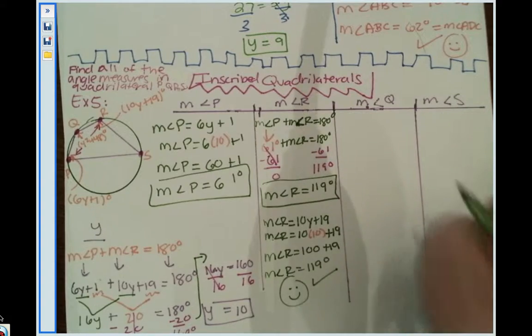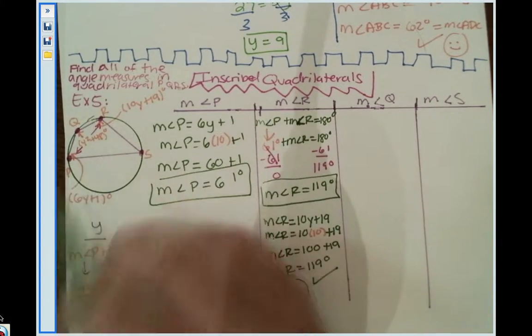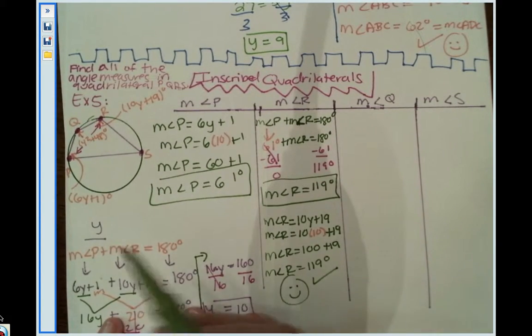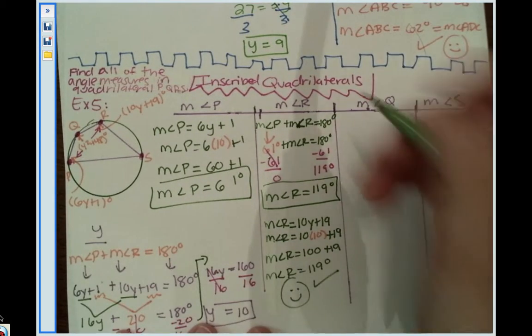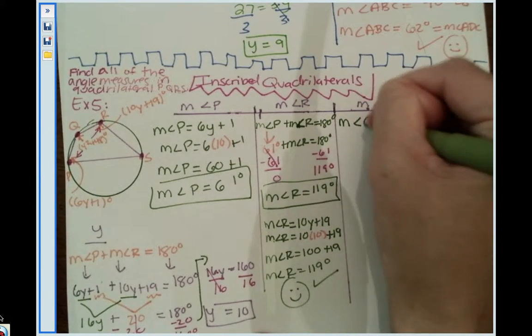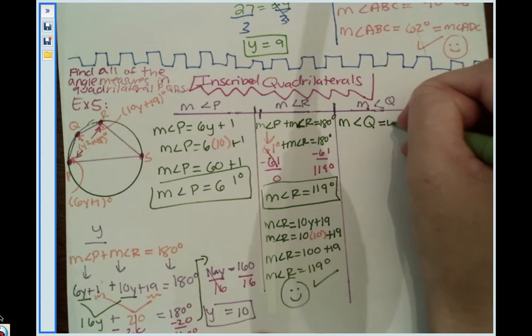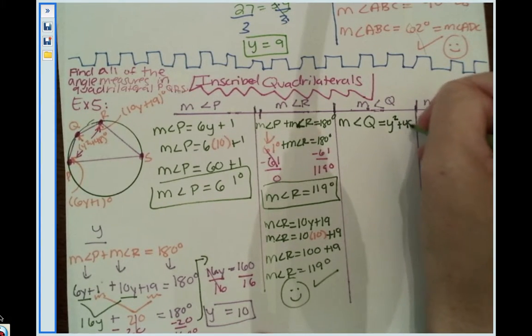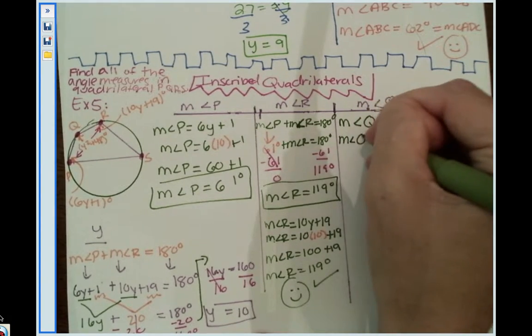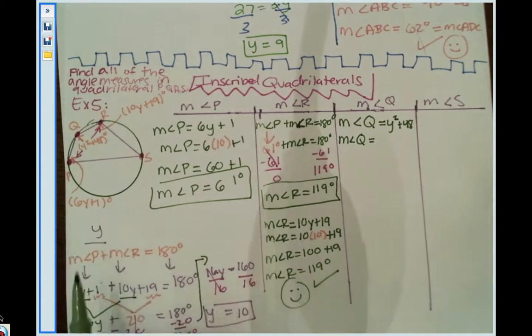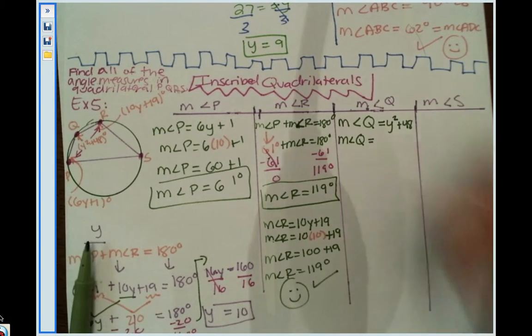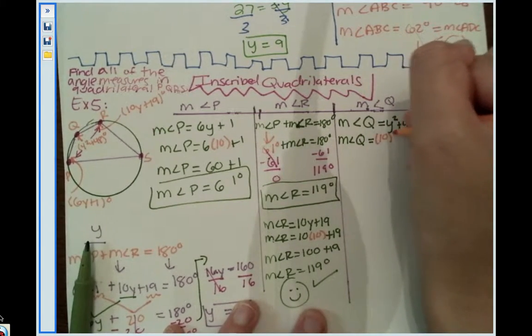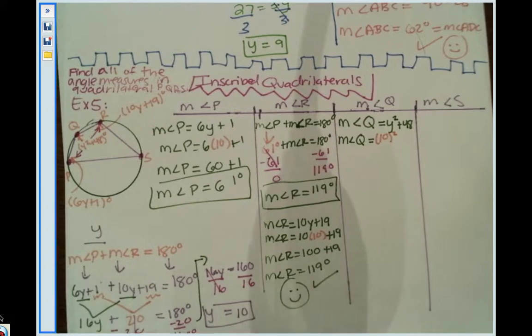Let's keep going. And the measure of angle Q also contains a y, so I'm going to use y to help me find the measure of angle Q as well. So the measure of angle Q equals y squared plus 48, which means the measure of angle Q equals y squared, which y is secretly a 10, so this is 10 squared, plus 48.